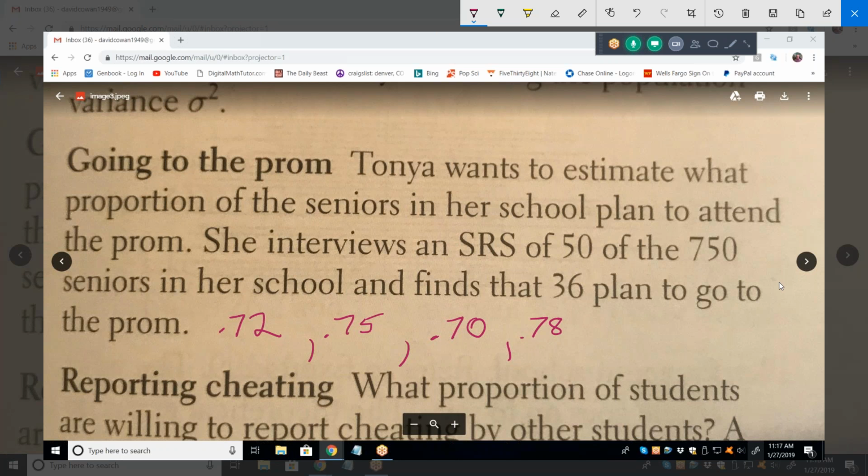What the critical value theorem says is that the true rate, if you were able to interview all 750, might be 0.73. Something like that.